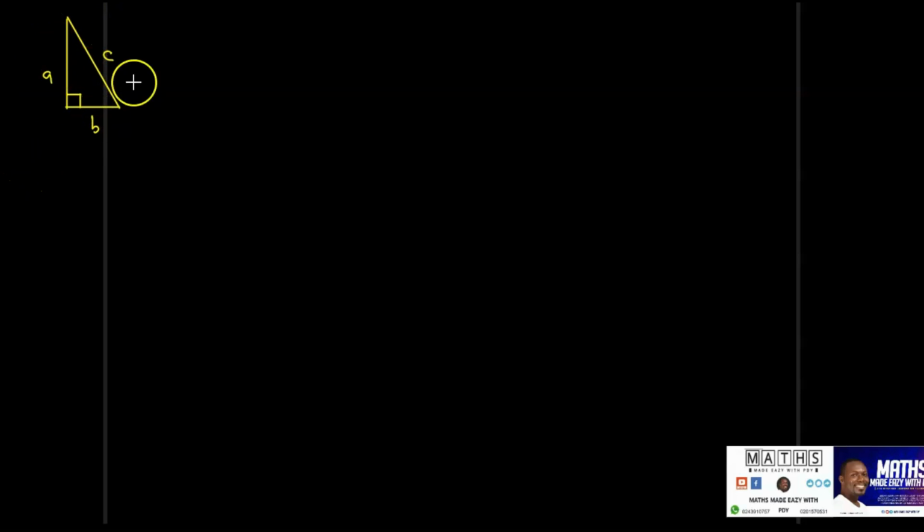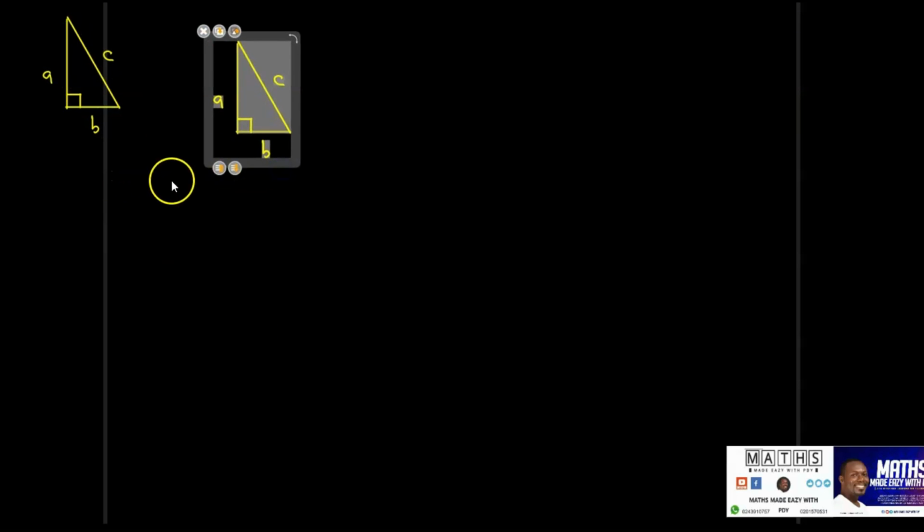So he copied 4 of this triangle he has drawn. So let me copy the triangle drawn here. I need 4 of it. Let me see if I can bring them out one after the other. Okay, so this is one.